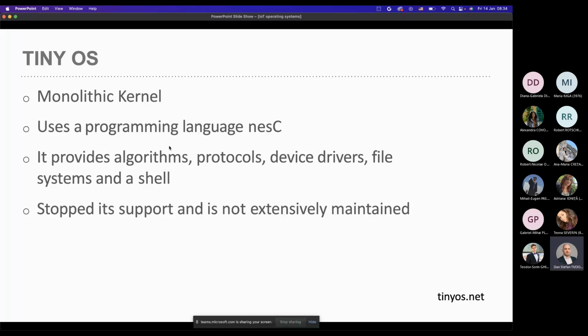We were talking about sensor nodes back then, wireless sensor networks, and TinyOS was the operating system to implement these. Unfortunately, it's not been maintained anymore, so it stopped its support. You can still develop applications in it, but they're not going to be very competitive with the other operating systems that are running right now.